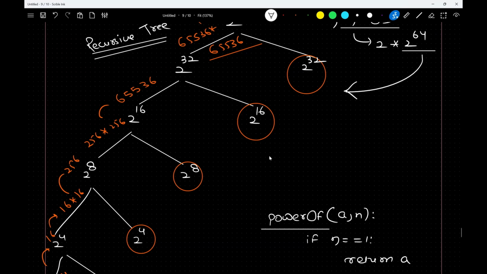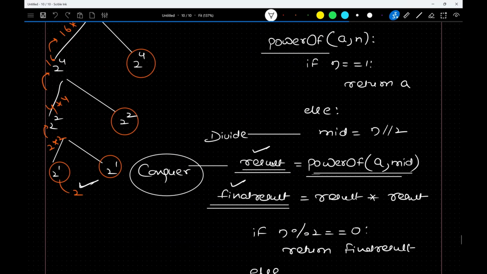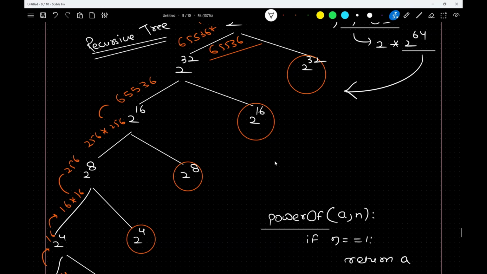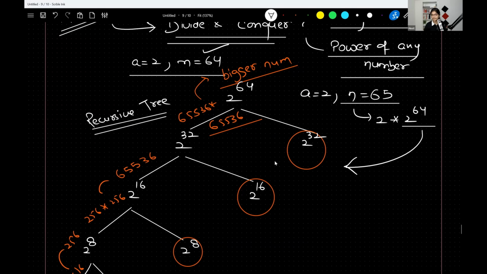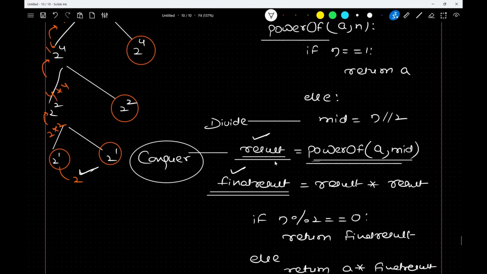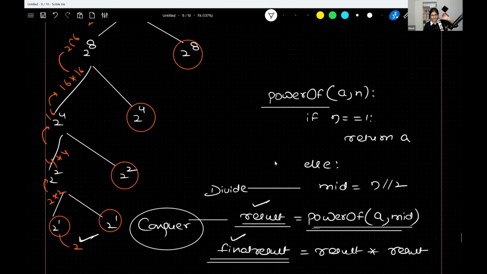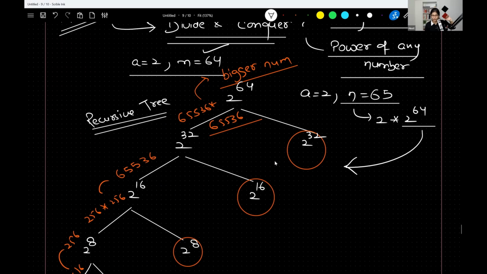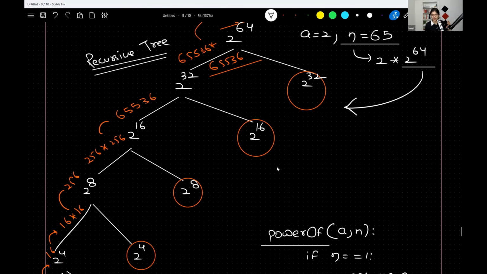Priya, can you explain again the left side calculation you're doing, like 2 to the power 2 and 4? Yeah. So basically in this recursive tree, we are trying to split our data into subproblems, dividing by 2, until we reach a small problem or a base problem.